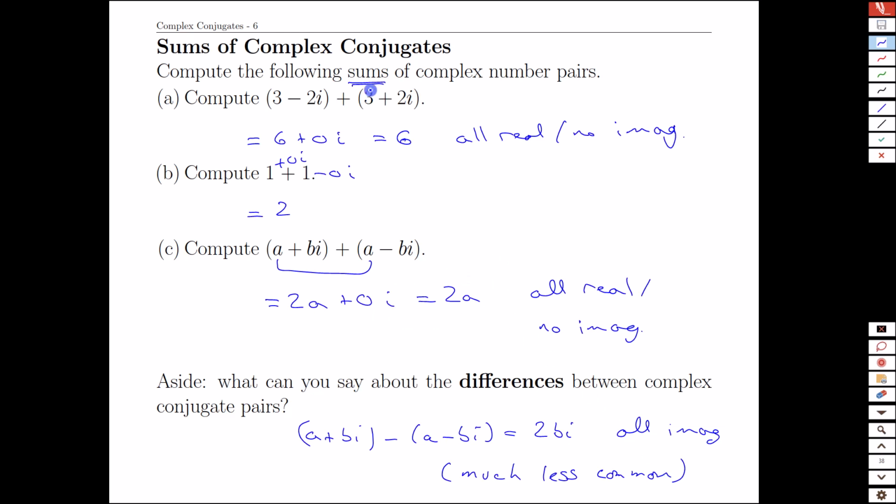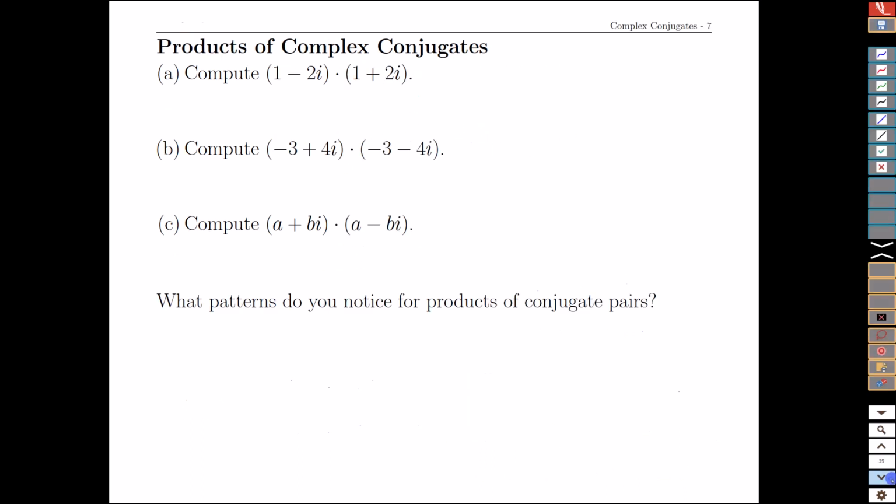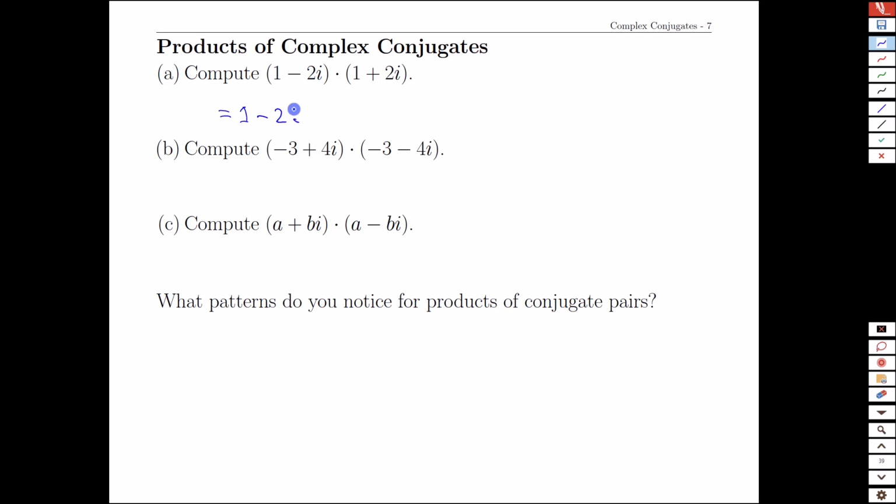Now, an important follow-up to looking at the sums of complex conjugate pairs, always giving us real values, is that we see the same pattern when we start to look at products of complex conjugates as well. This is a little longer to do in terms of calculations, but it is straightforward. We have 1 times 1, that's 1. Then we have minus 2i. This is just like expanding a polynomial. Plus 2i, just look for all the 4 terms, mix and match in each way that you can.